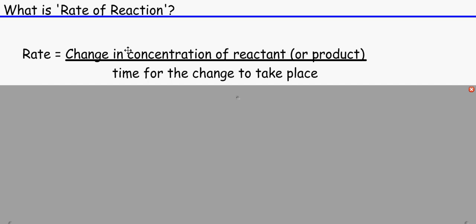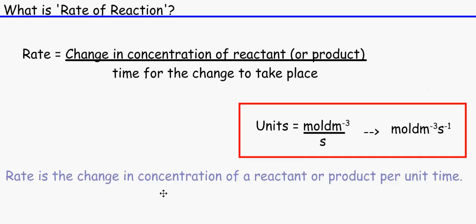It's the change in the concentration of the reagent or the product divided by the time for the change to take place. Put simply in an English way, rate is the change in concentration of a reactant or product per unit time. So say for example, in 10 seconds the concentration halves, and then in another 10 seconds it halves again.